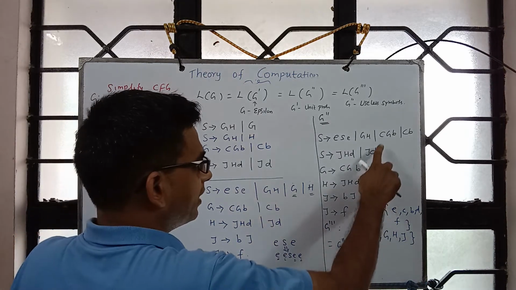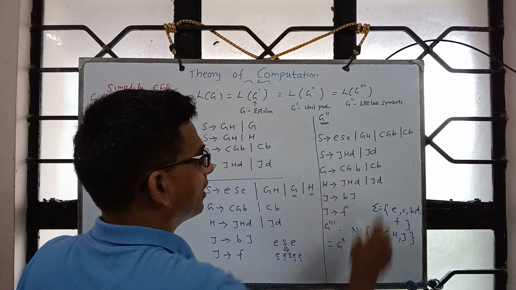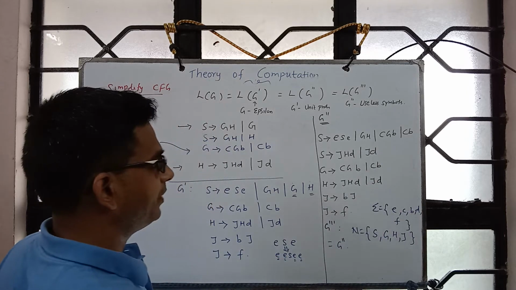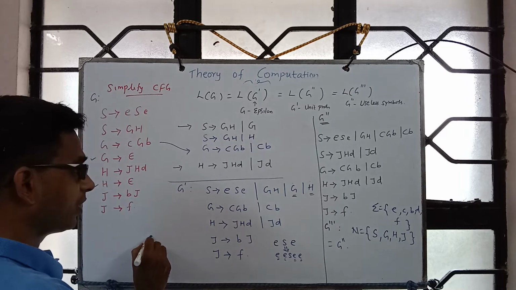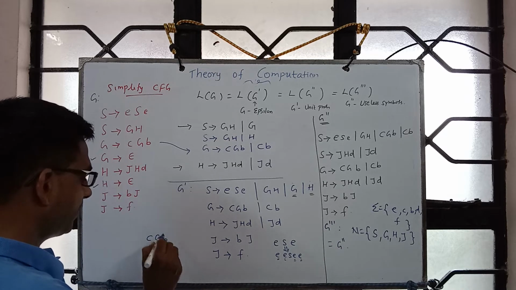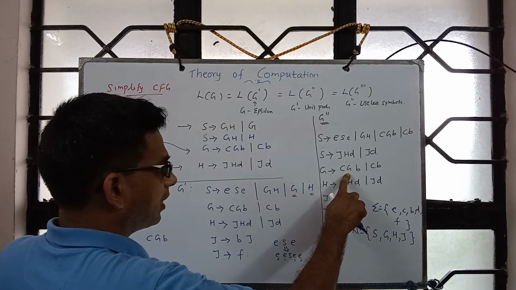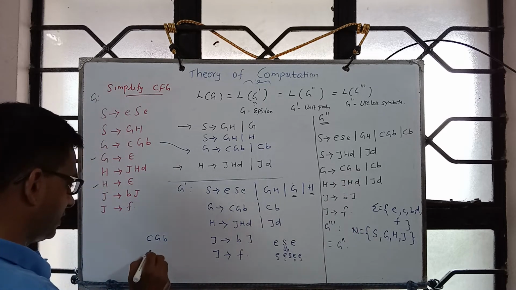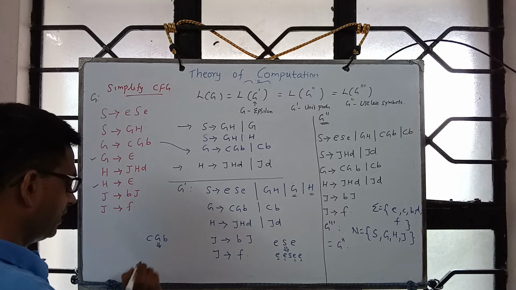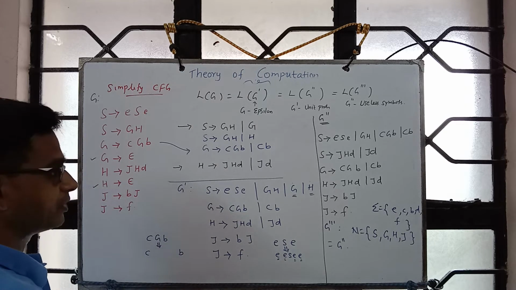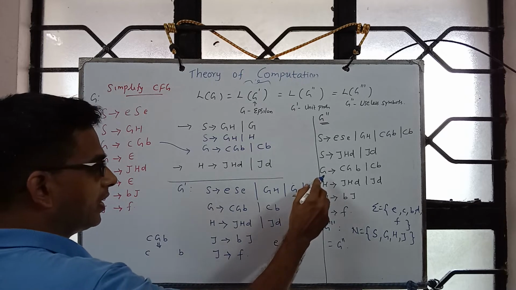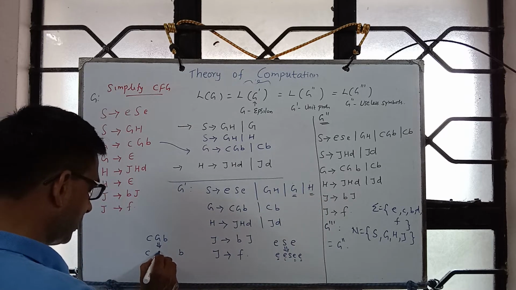On a similar line, you look at CGB. So you have S implies CGB, and look at G implies this. This says C, on this side it's B, and G implies CGB.